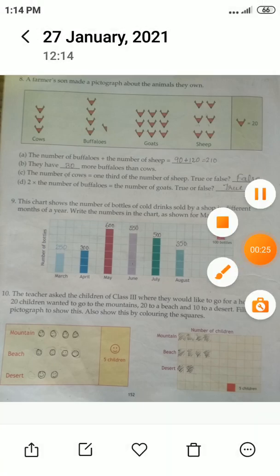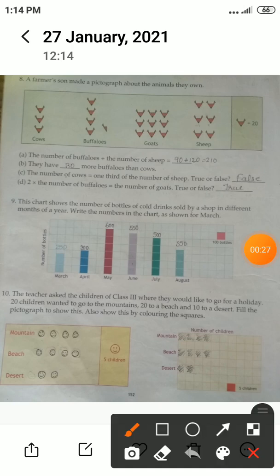Here you have to fill the pictograph. In this table you see here mountain is given, beach and desert, and one smiley face means 5 children.